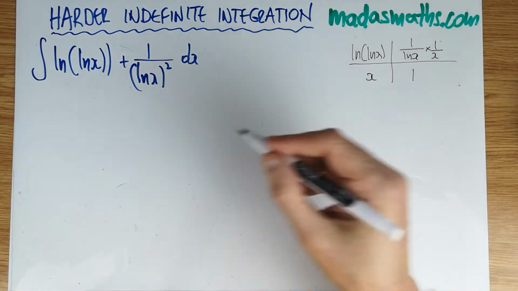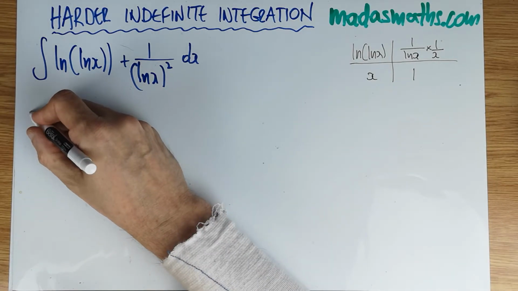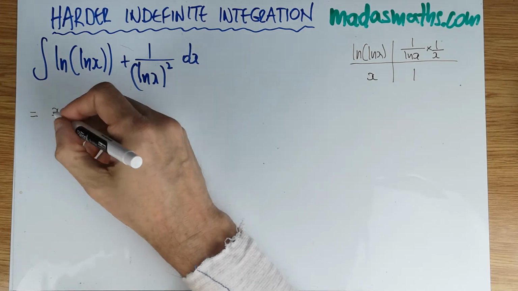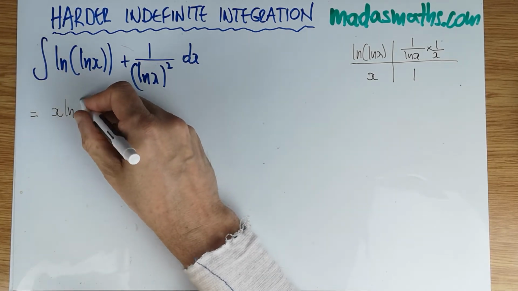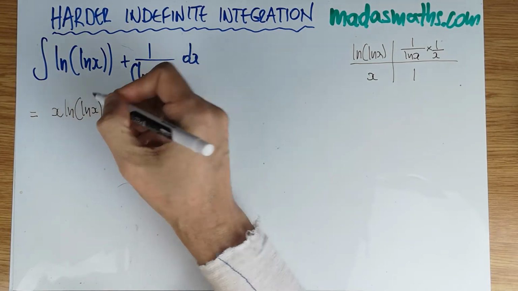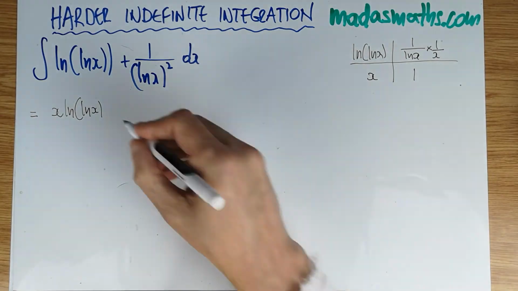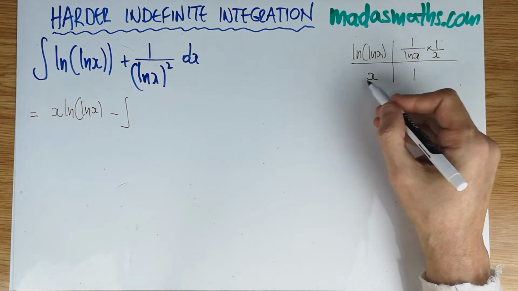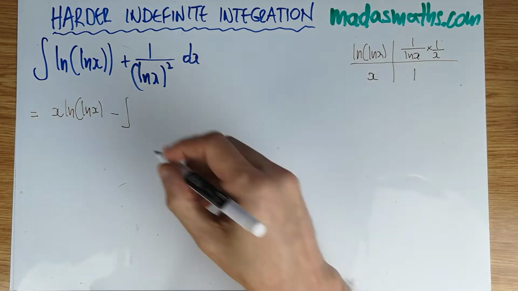Do your integration by parts the way you normally do them. So this is the product of that, so that comes out of the integration. So it's x log of x minus the integral of the product of this diagonal. The 1 over x and the x will cancel.